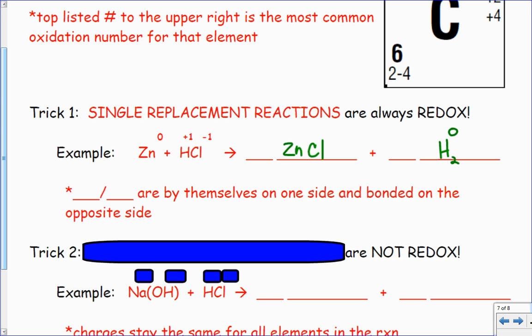And ZnCl, Cl is a -1. Let's see if I have a +2 for Zn on my periodic table. So I need 2 of those, and now I can balance real quick. I have 2 Cl's on the right, I need 2 on the left. I have 2 H's, I have 2 H's, I have 1 Zn, I have 1 Zn, and I'm all good.